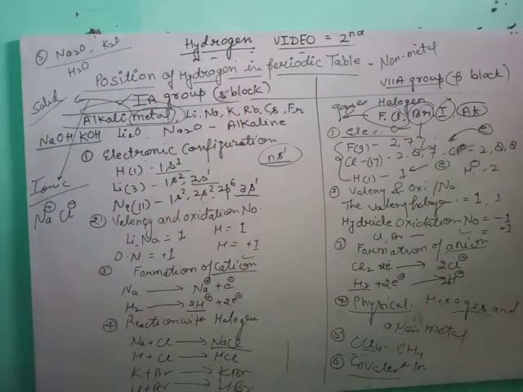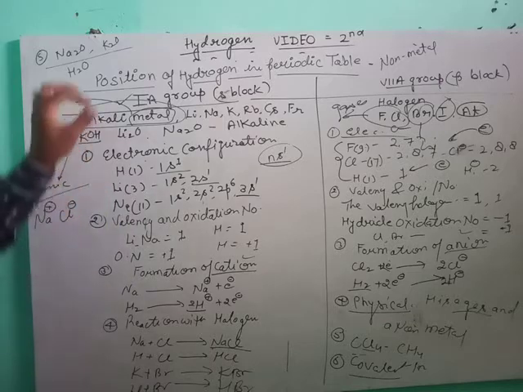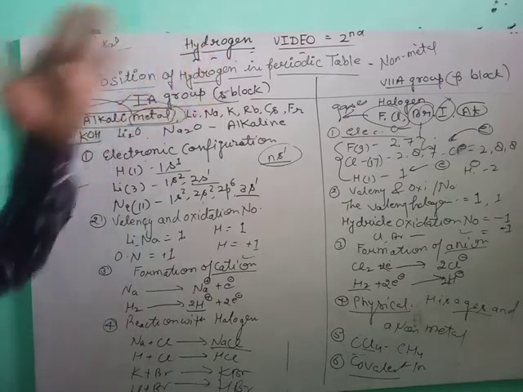So this is the most important property of hydrogen, which confused the scientists. What is the exact group of hydrogen, the first group or the seventh group?